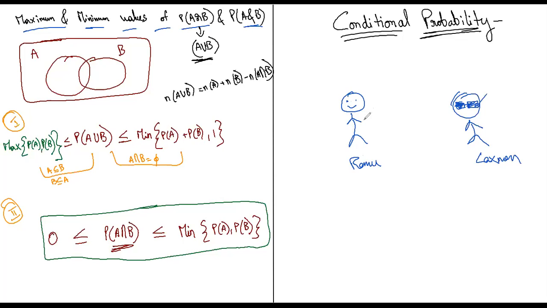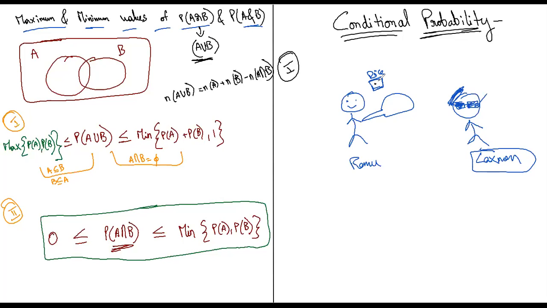So Ram, he is throwing a dice. He has a dice with him. And Lakshman is blindfolded. He has to guess what is the number. Okay. So first time, experiment number 1.